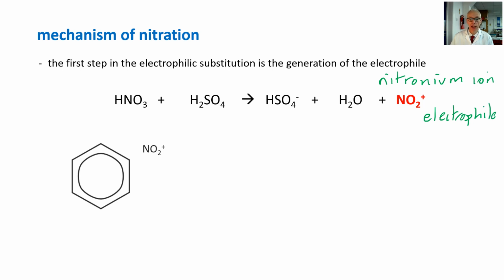Now, if I move the electrophile to meet benzene, could you pause the lesson and draw an appropriate curly arrow for this stage? So, if I put in a curly arrow, I'm going to start on the benzene ring, the ring of the pi system, and I'm going to end up close to the nitrogen where the bond is going to form between the carbon here and the nitrogen.